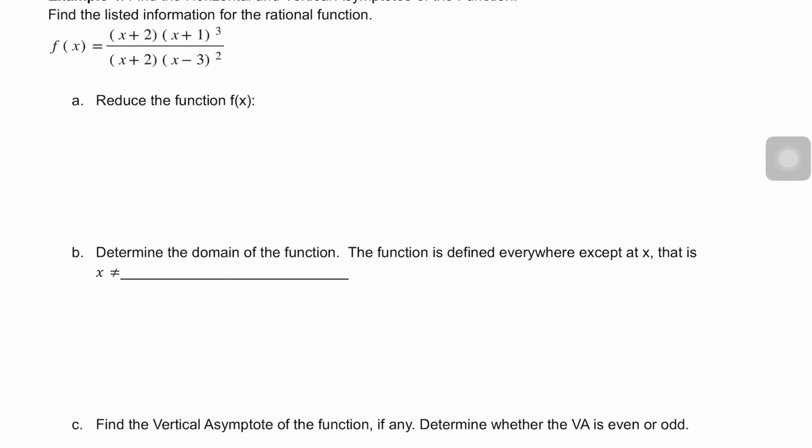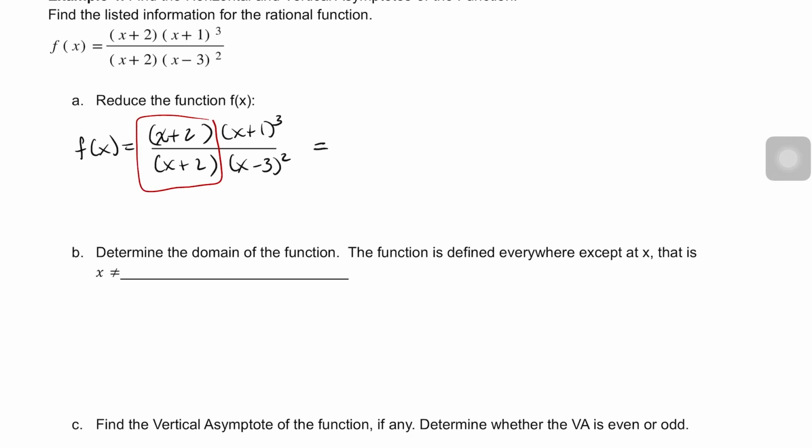First, we were asked to reduce it. So let's go ahead and reduce this. If we reduce it, these are not the same functions. These behave the same way, but they're not the same functions. So we can see here that these two will cancel each other out.